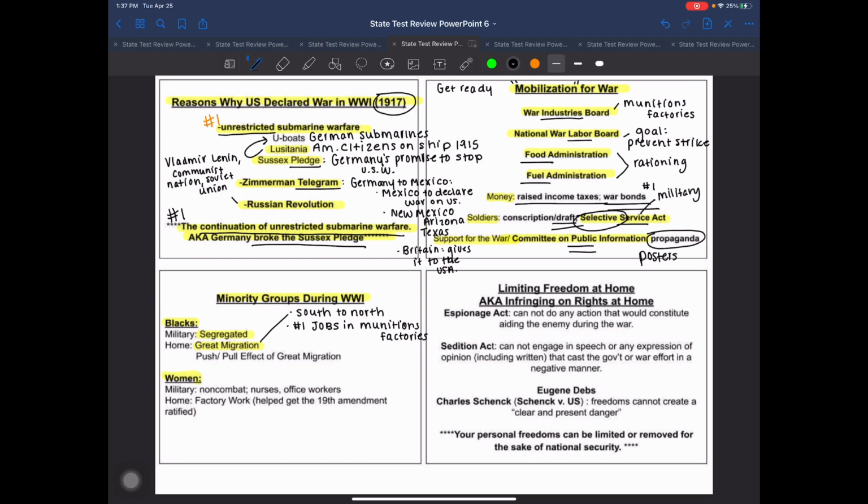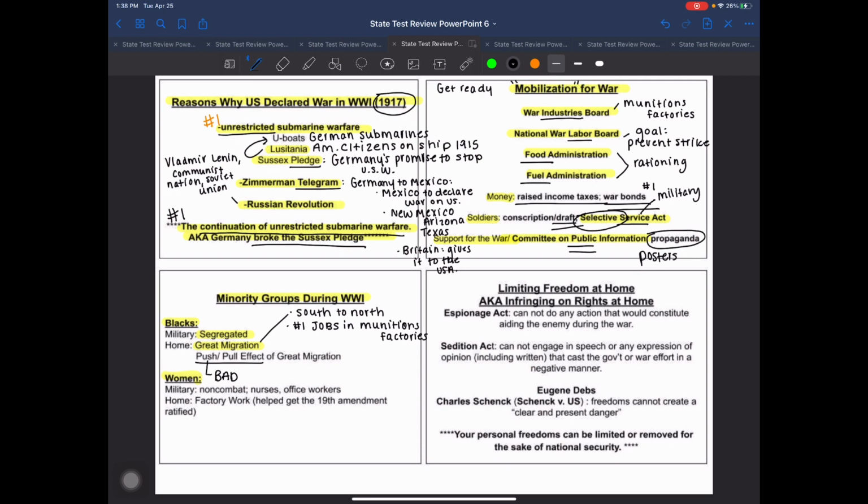We again get a possible push-pull effect from this migration. There are reasons why these African Americans are wanting to leave the South, and this is the push. Okay, these are the bad things that they are experiencing in the South. They're experiencing things like racism, discrimination, or let me put it like this: extreme racism and extreme discrimination, very little job opportunities, terrible housing.